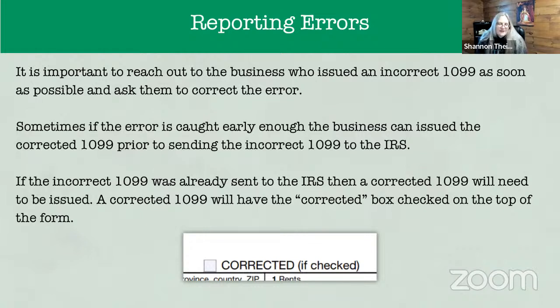You just have to be careful: if you send in two 1099s for the same EIN and they have different amounts on them, the IRS adds those two 1099s together, and then you'll have made a bigger mess.